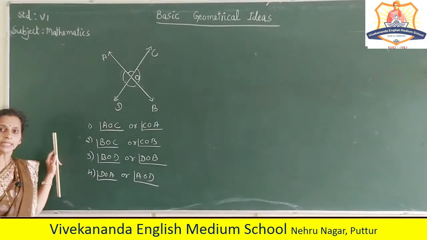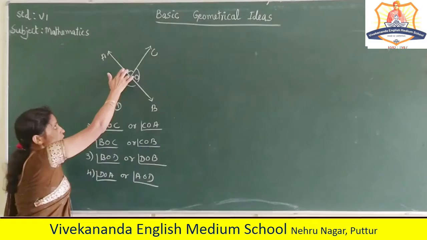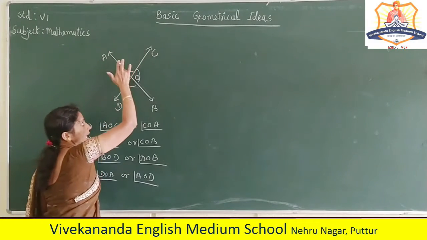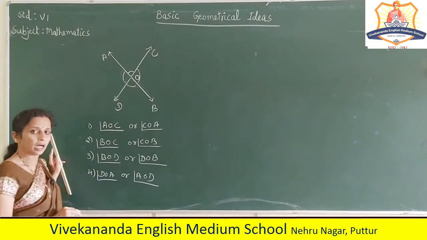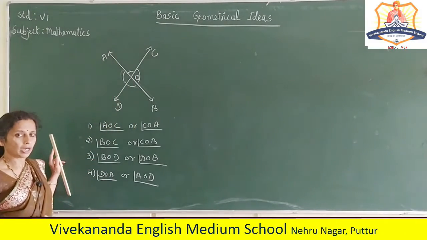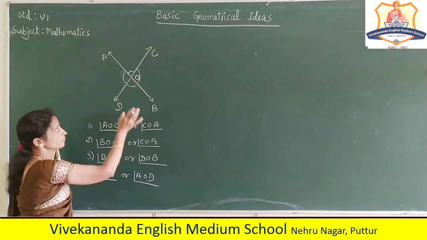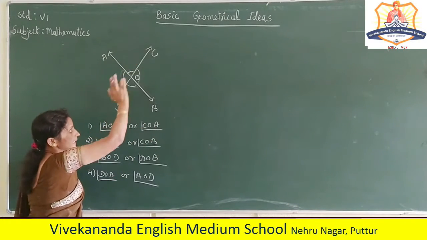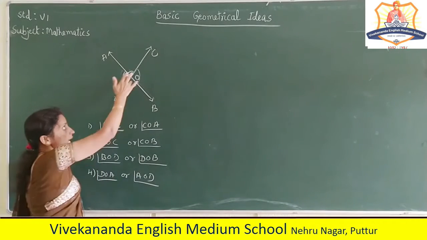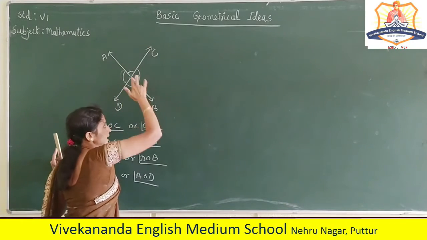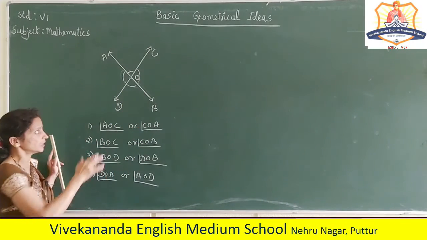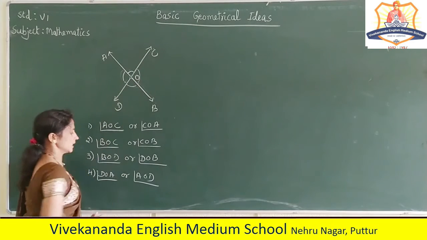And how many rays can you see here? OA and OC are the 2 rays or arms or sides of the angle AOC or COA. Now if you consider this angle, which are the arms of that angle? OC and OB are the arms of this angle BOC.